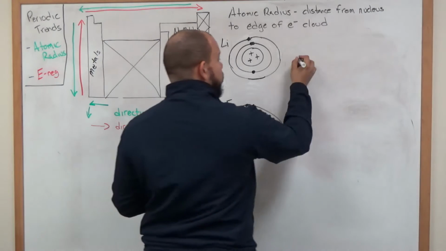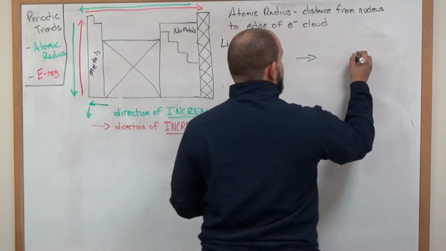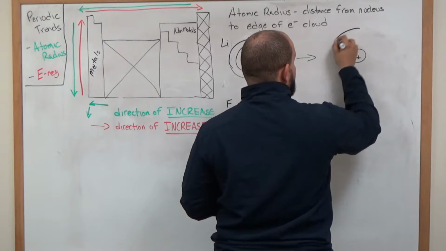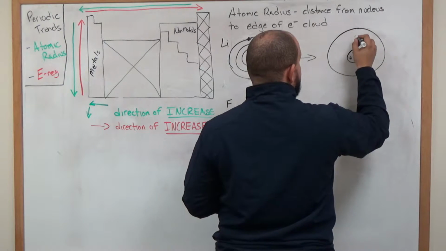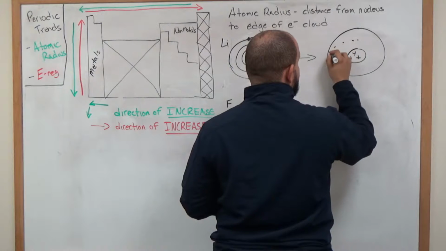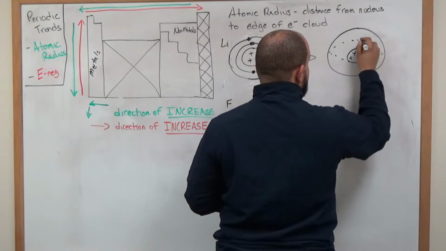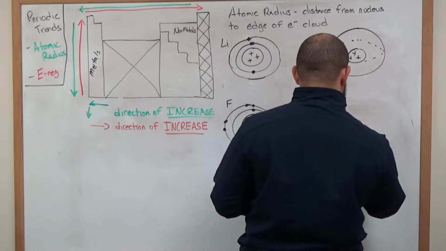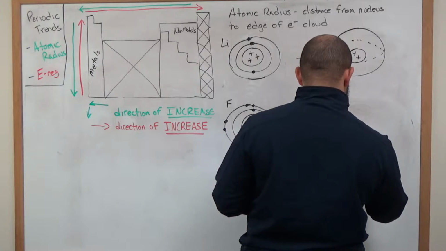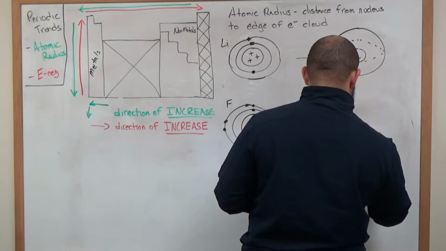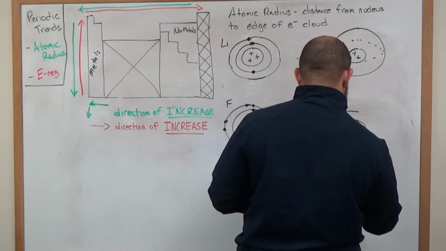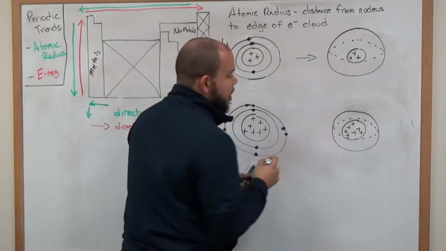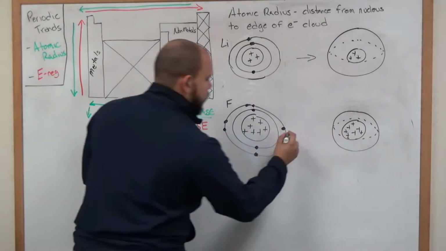The actual radius for lithium with 3 protons is larger than the actual radius for fluorine.